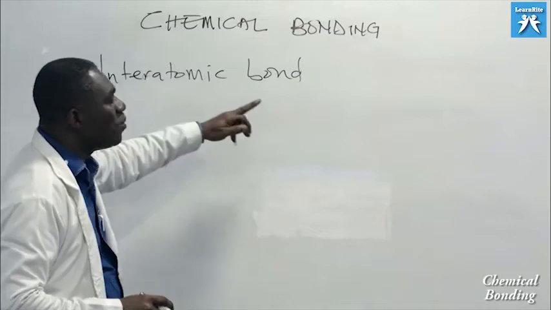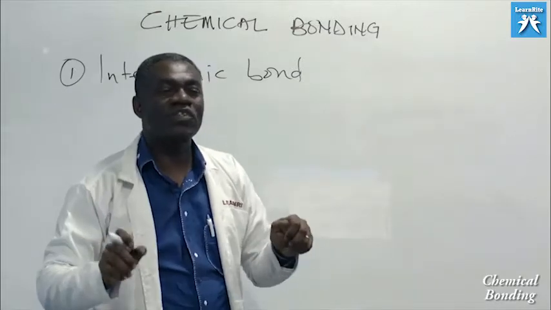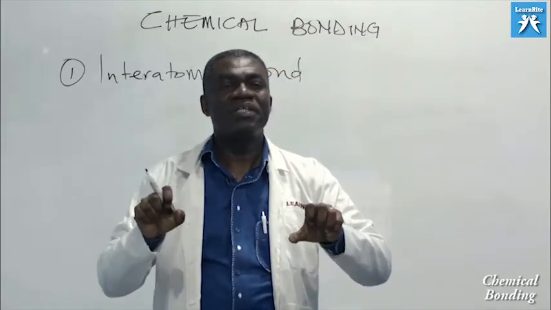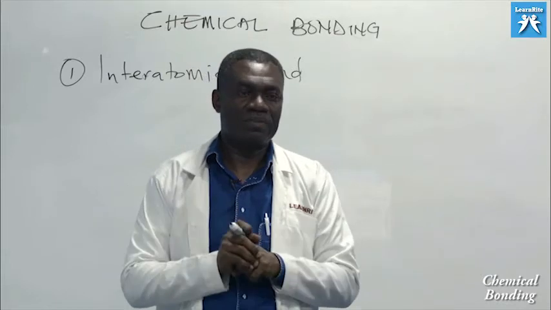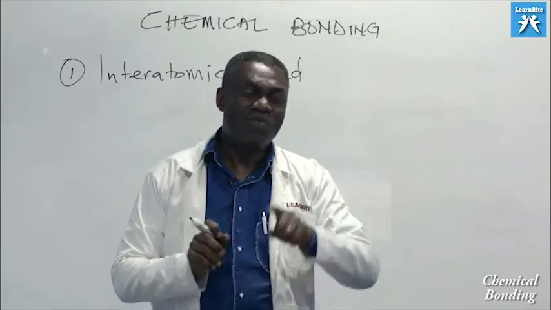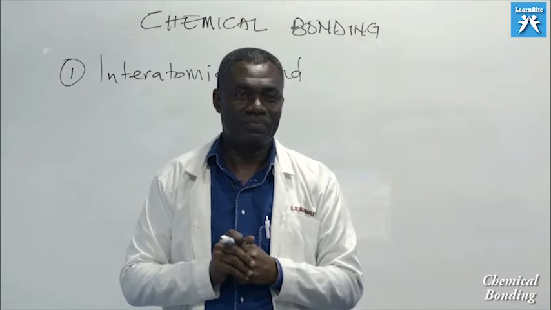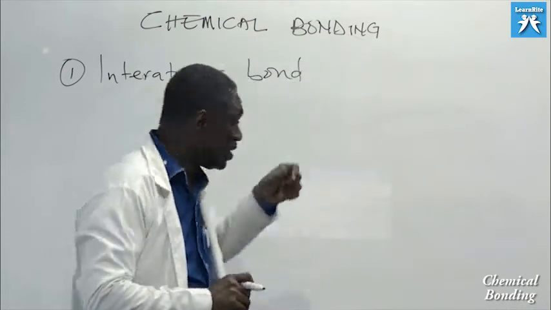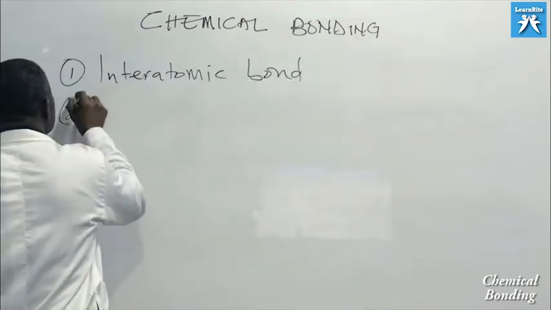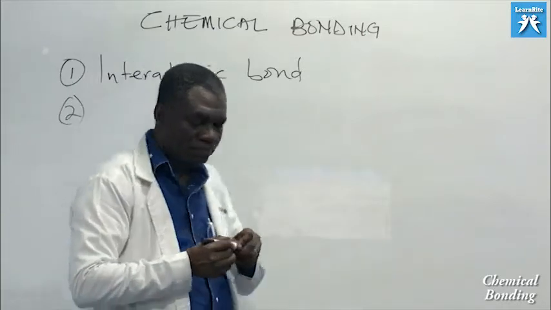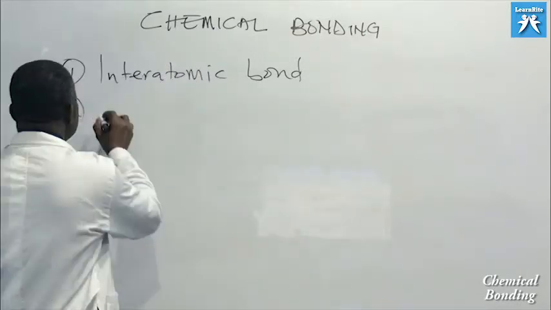The word interatomic simply means that the bond or the force of attraction is occurring between two or more atoms in one molecule. We also have a second type of bonds called intermolecular.